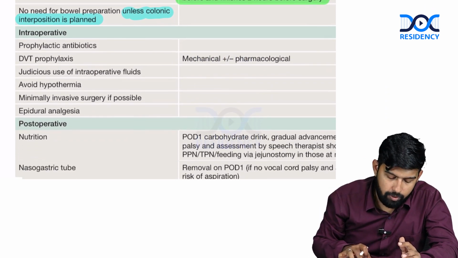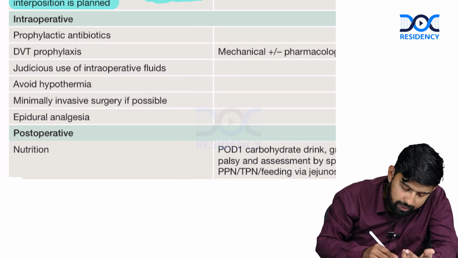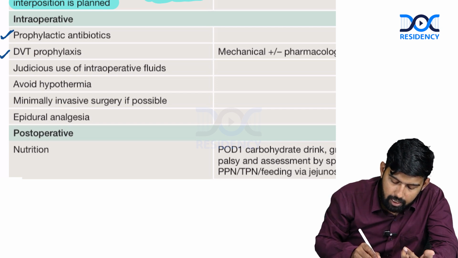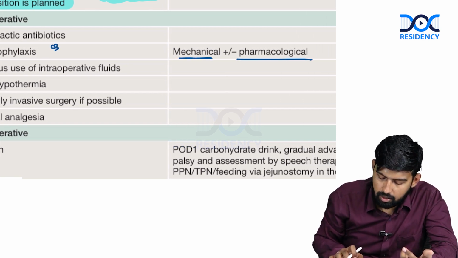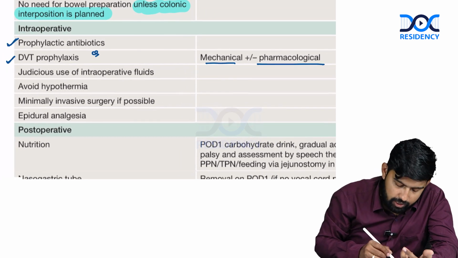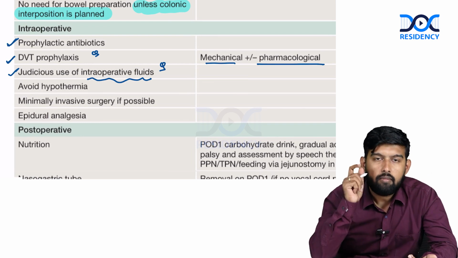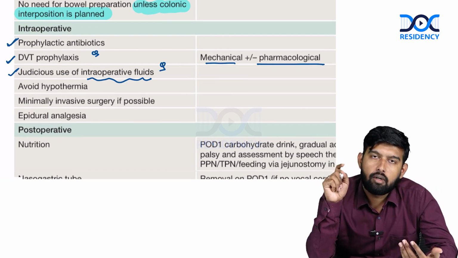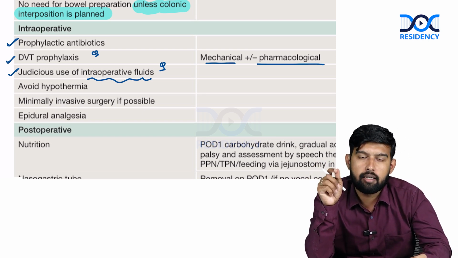The intraoperative components of the ERAS protocol are provision of prophylactic antibiotic and provision of DVT prophylaxis. It can be in the form of mechanical or pharmacological prophylaxis. Judicious use of intraoperative fluid is needed, because excess fluid will lead to tissue edema and paralytic ileus.